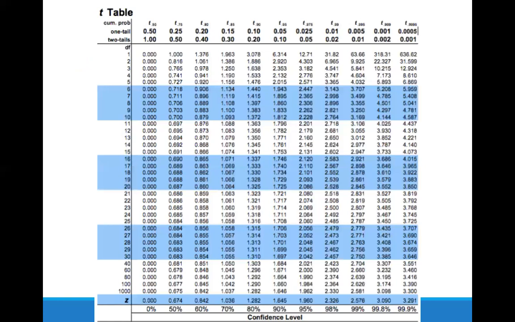And then the second one is the t distribution. So here are the possible values for the critical values when we perform t-tests. So the value also depends on the type of test, whether one-tailed or two-tailed, the level of significance, and the degrees of freedom.